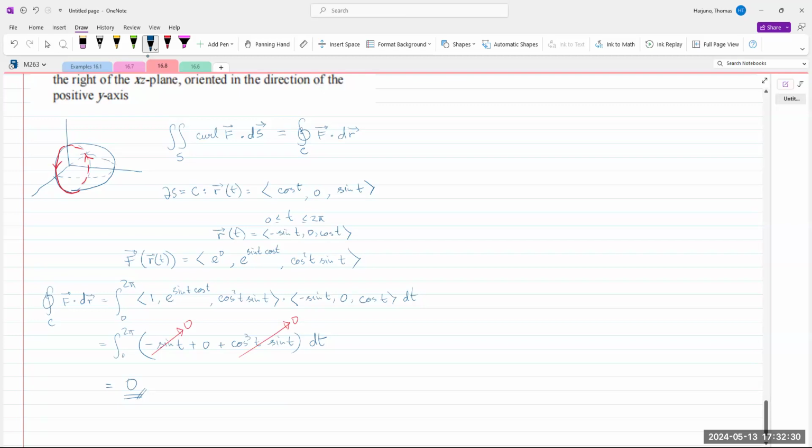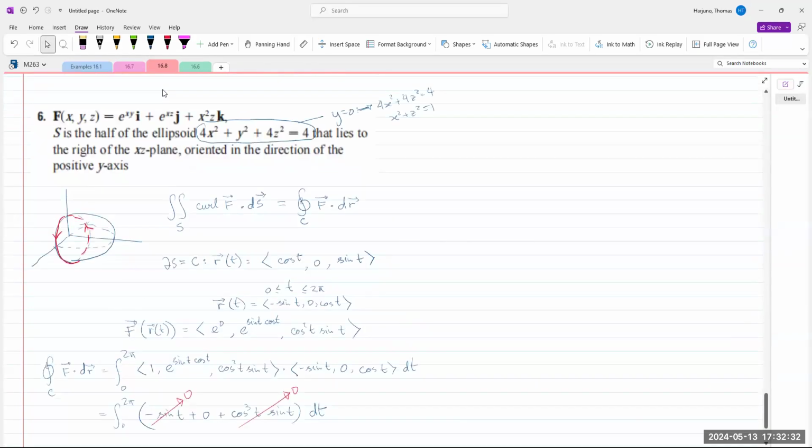Now this is method number 1, in which instead of using the double integral over the surface S, I use a single integral over curve C.